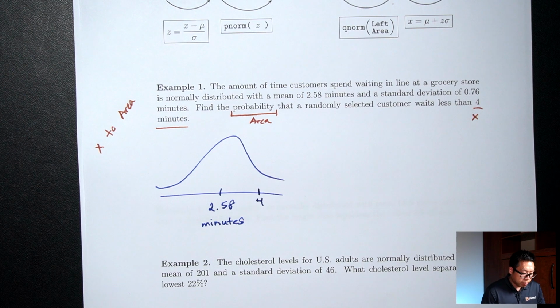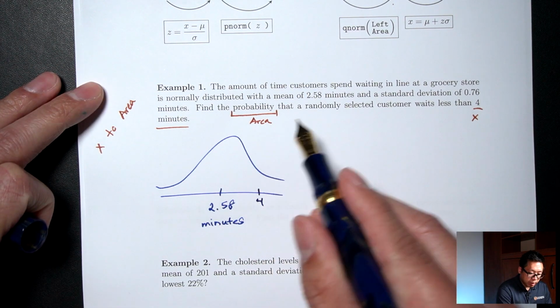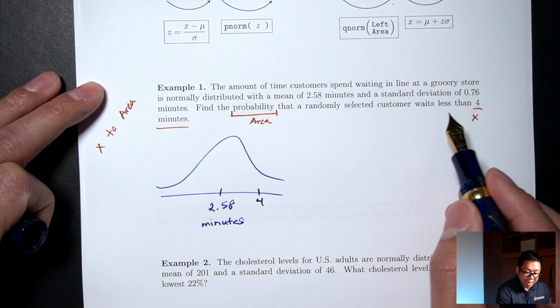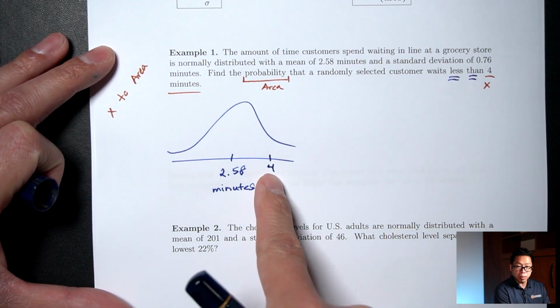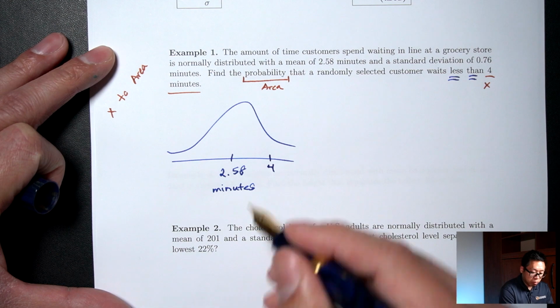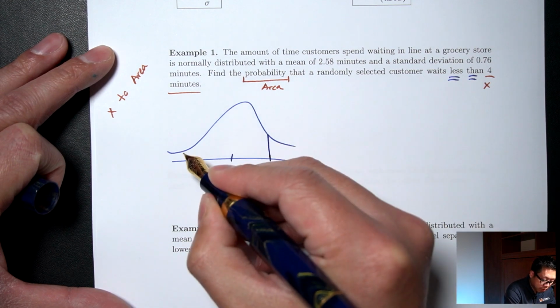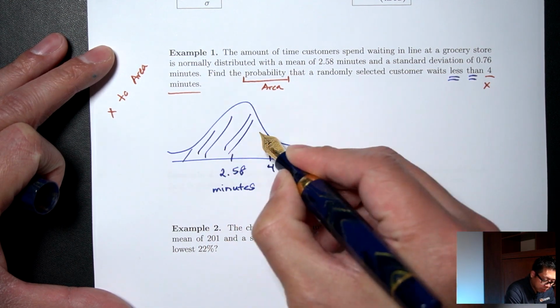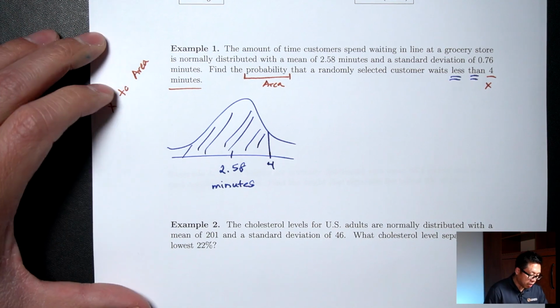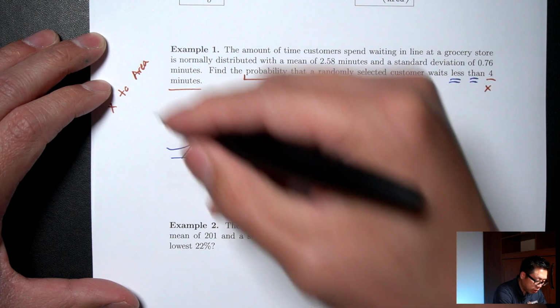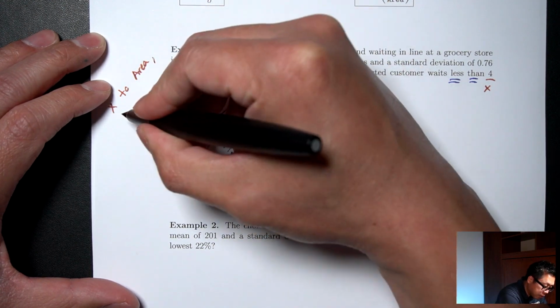This one says, find a probability that a randomly selected customer waits less than 4 minutes. So less would be to the left. This is going to be shaded to the left. So this is an x to area type question that is shaded left.